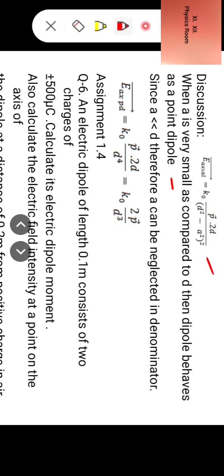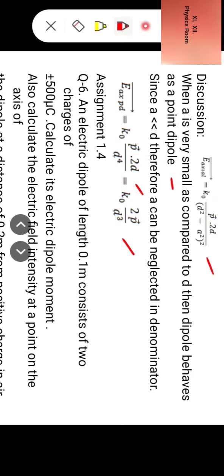Now the second case. Since A is very small as compared to D, therefore A can be neglected in the denominator. And E axial PD, we write E AX for axial, PD for point dipole, is equal to K naught P into 2D divided by D to the power 4, because we have neglected A. And finally on simplifying, we get it as K naught into 2P divided by D cube.